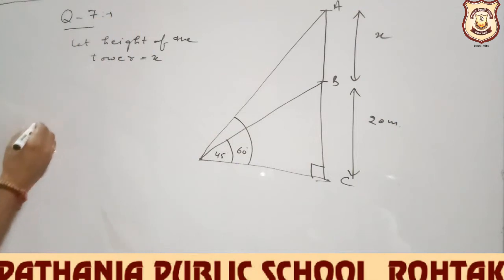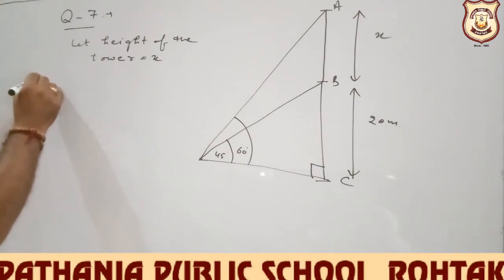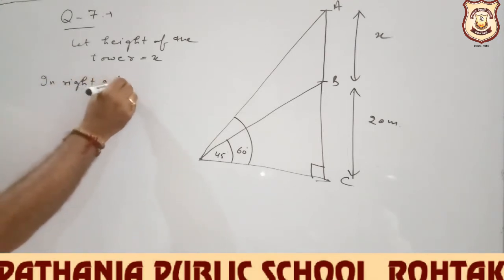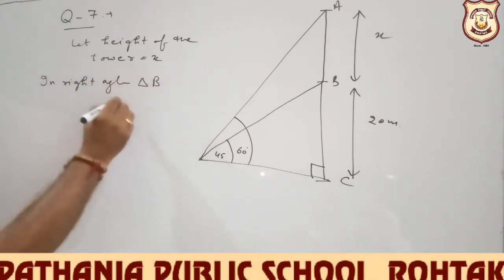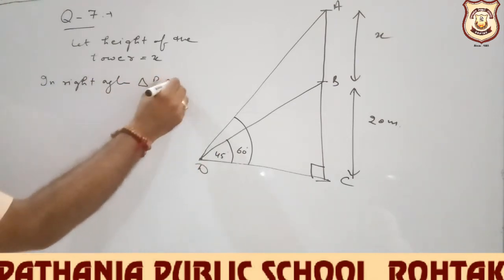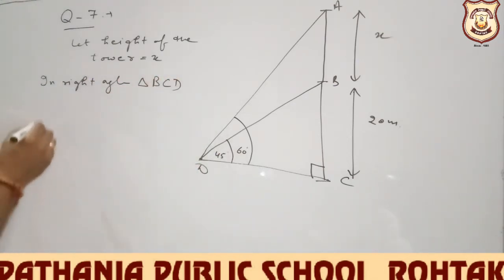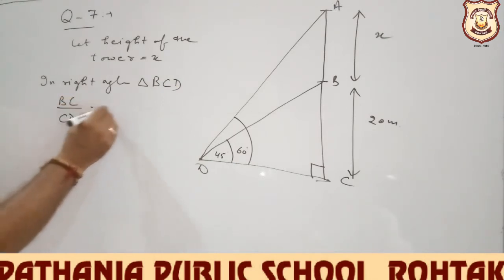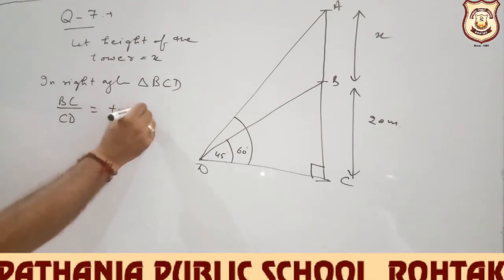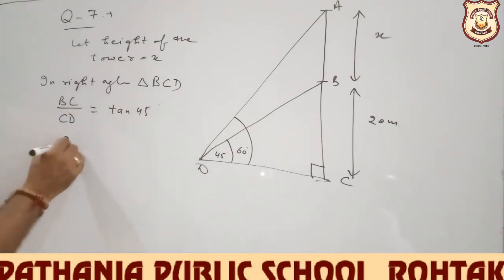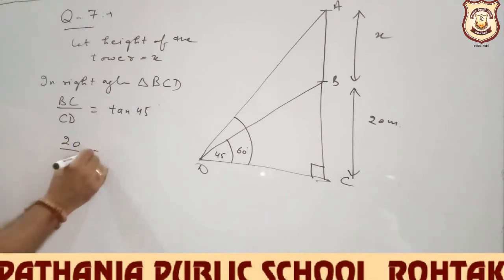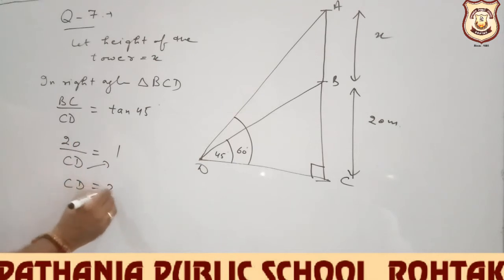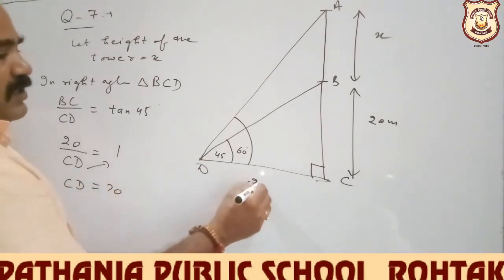Then after this, in right angle triangle BCD, BC upon CD equal to tan 45 degree. BC value is 20, CD we don't know, tan 45 is 1. CD becomes 20.